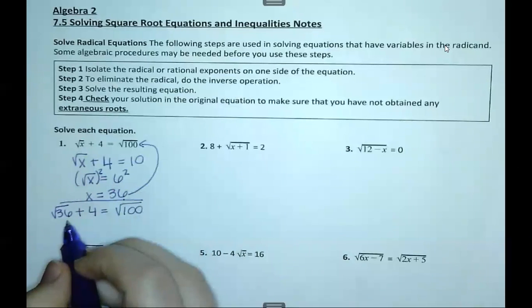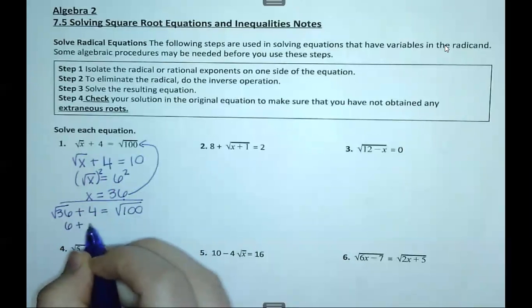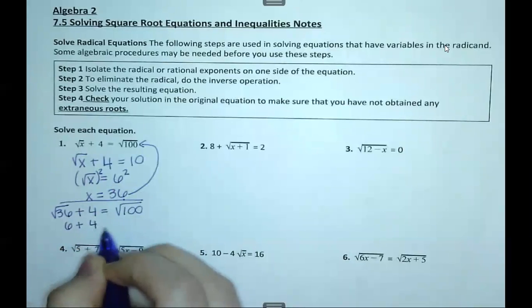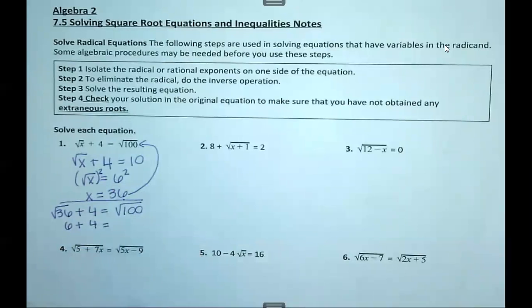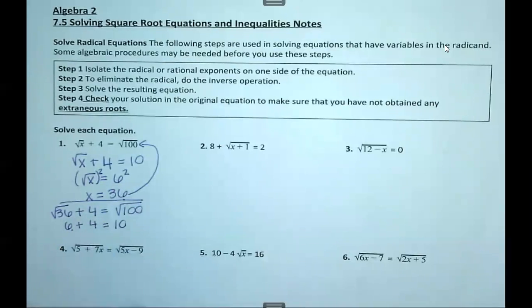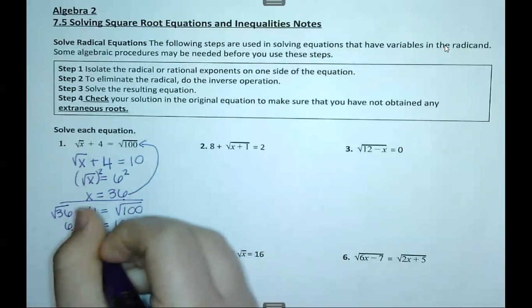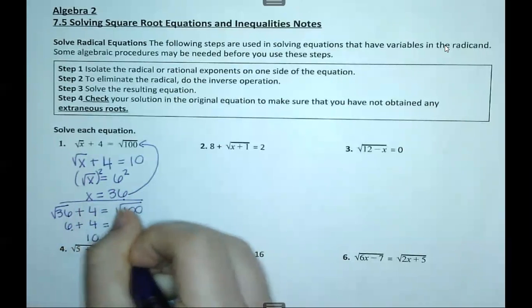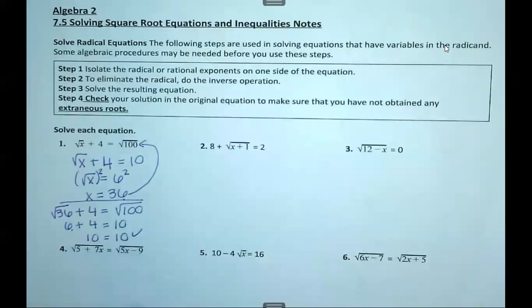We know that the square root of 36 is 6. So I would have 6 plus 4 equals the square root of 100, which we already said is 10. And 6 plus 4 is 10. So I have 10 equals 10, which is true. So this one worked out for us.